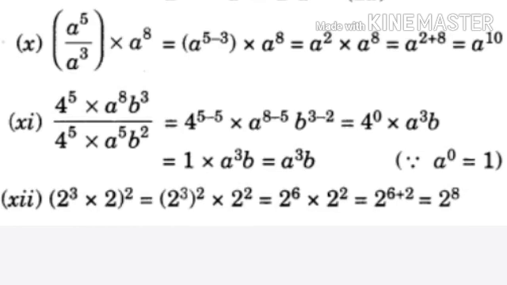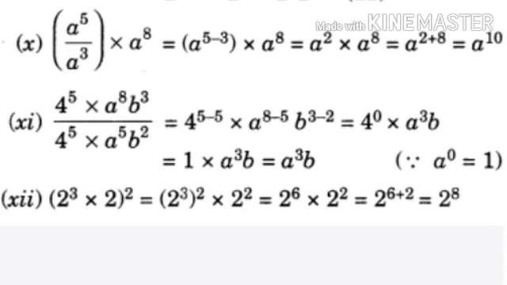First law of exponent. 11th, (4^5 × a^8 × b^3) ÷ (4^5 × a^5 × b^2) is equal to 4^(5−5), second law of exponent, × a^(8−5), second law of exponent, × b^(3−2), second law of exponent.